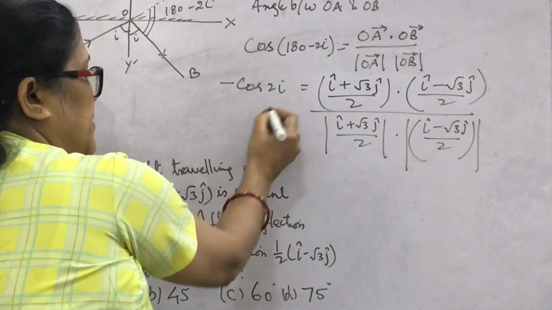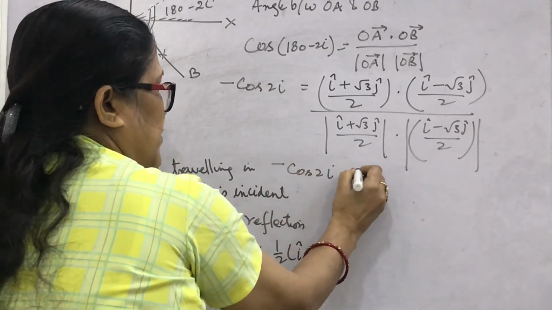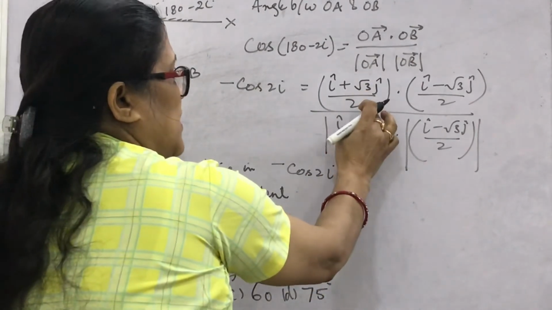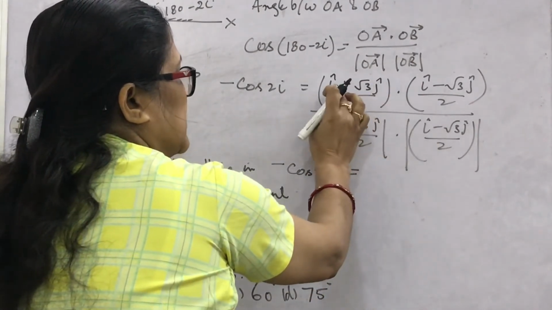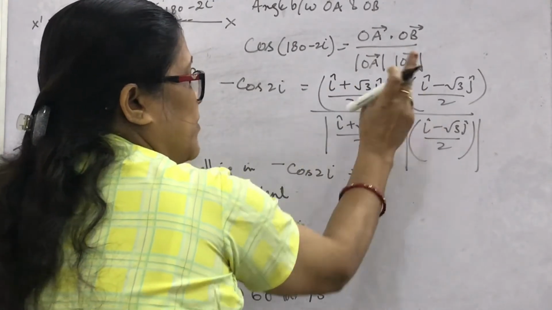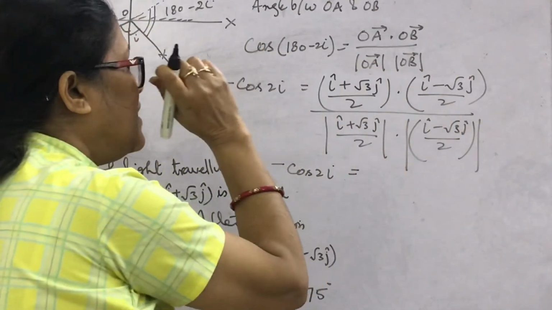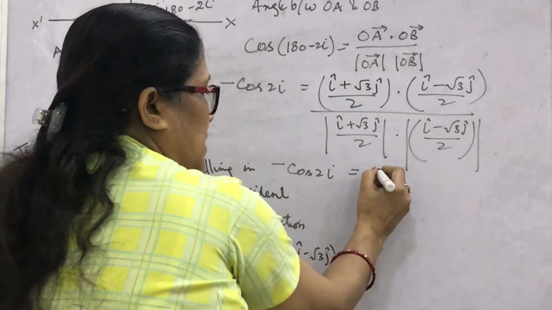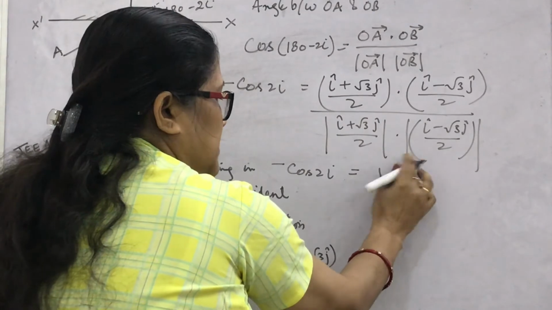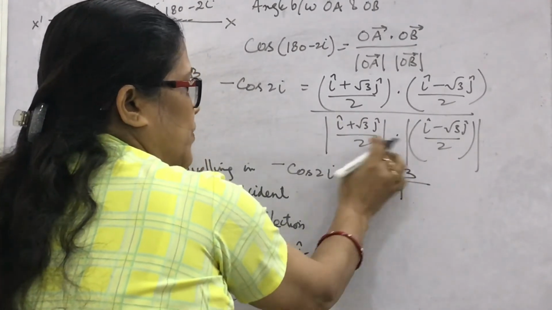What can you write here? This minus cos 2i will be equal to, look here, this will be 4 and here this is 1, and a square minus b square: i dot i will be 1 and root 3 j squared will be 3, so it becomes (1 minus 3) upon 4.